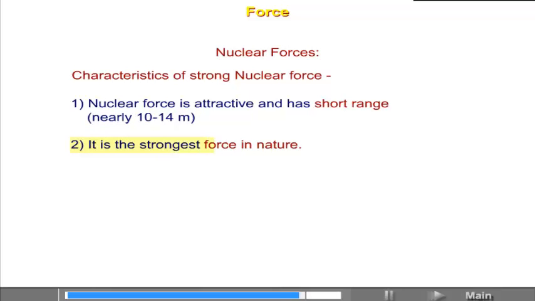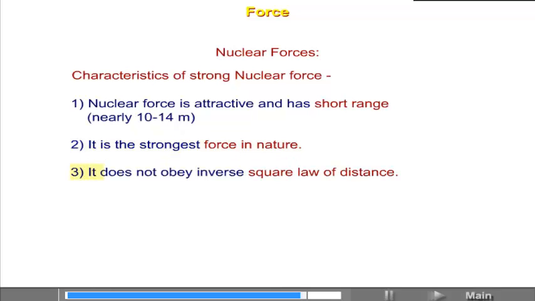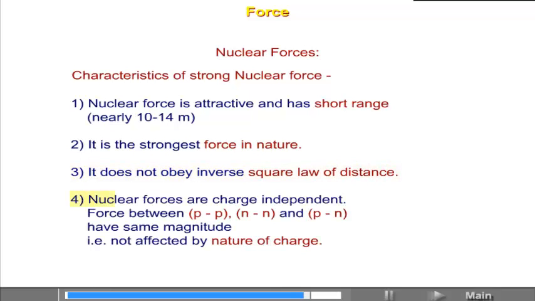It is the strongest force in nature. It does not obey the inverse square law of distance. Nuclear forces are charge independent.